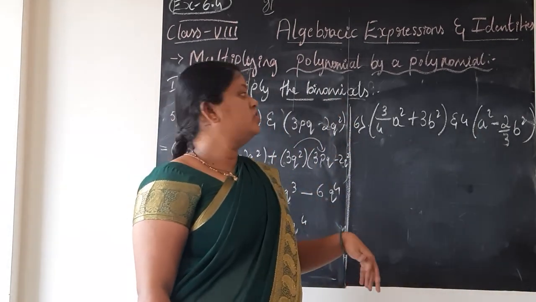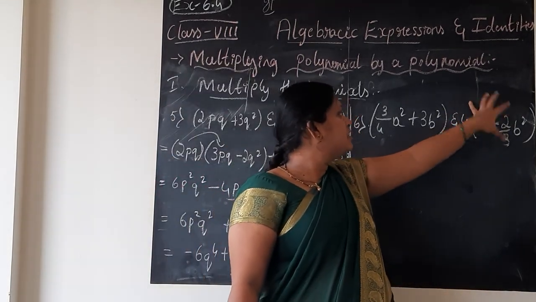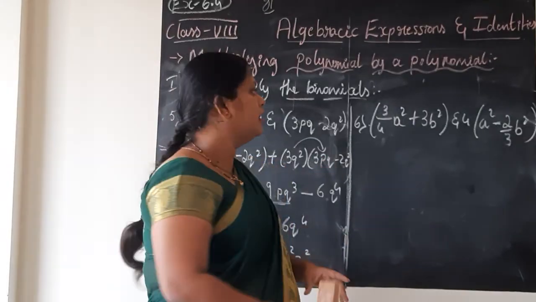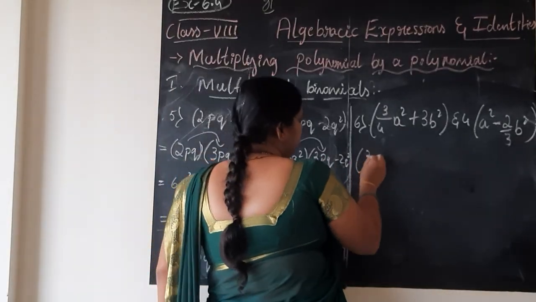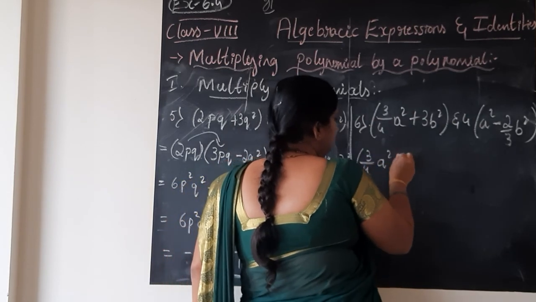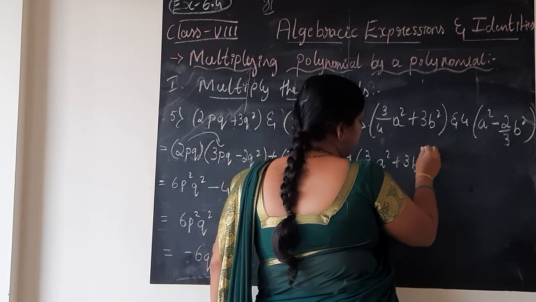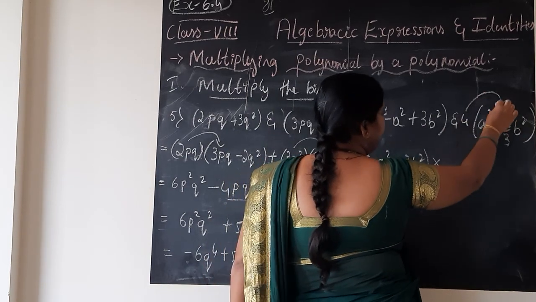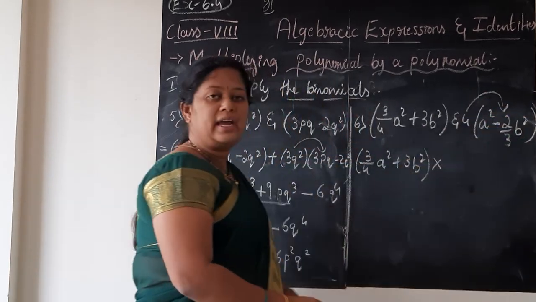In such a case, children, first you need to simplify this and then apply the first step of splitting the first binomial term. So (3/4)a square plus 3b square, I will write as it is, into, I will multiply this 4 inside the bracket.